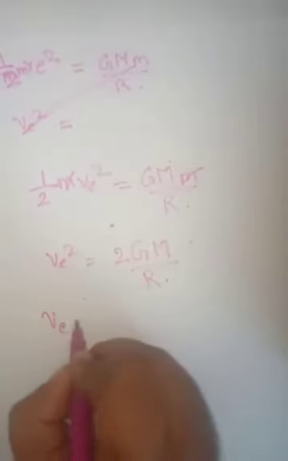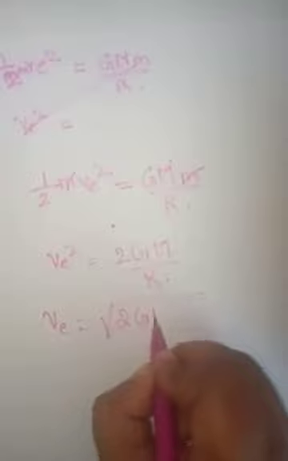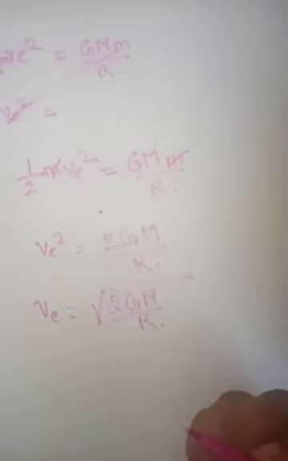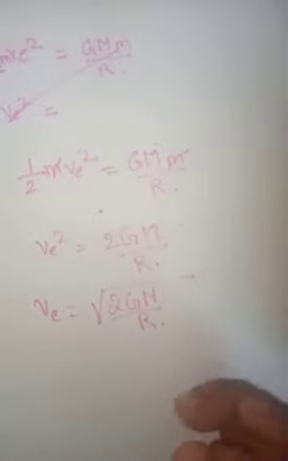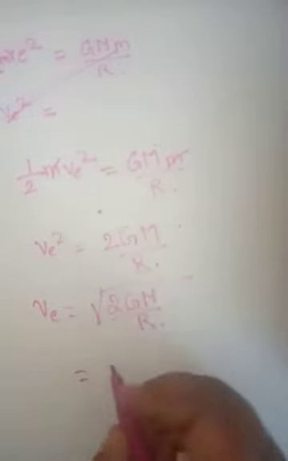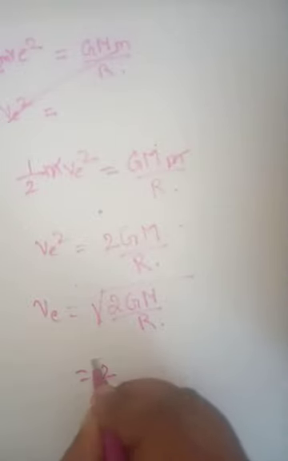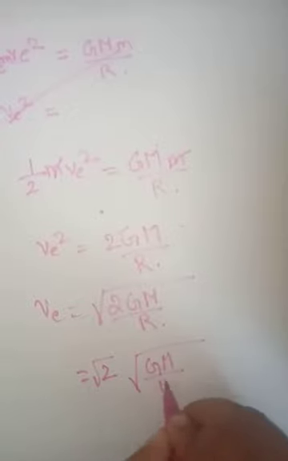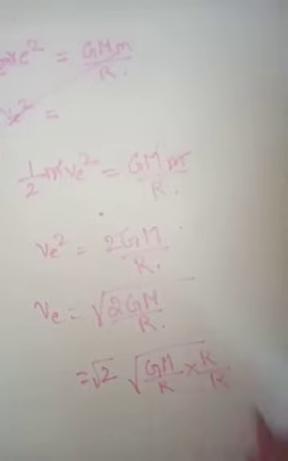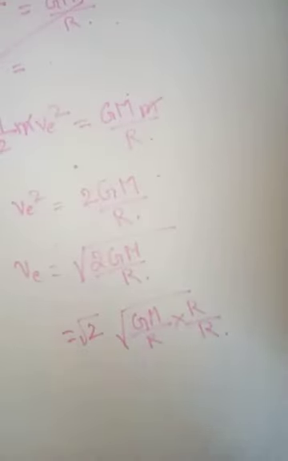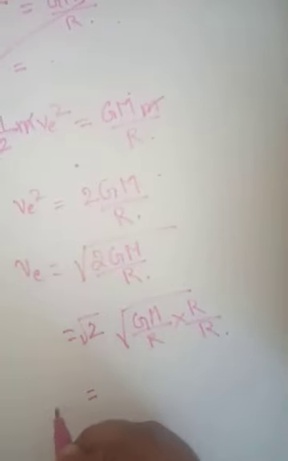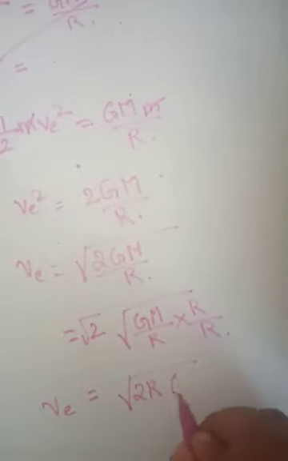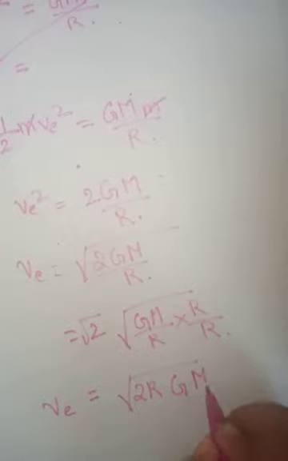V_E is equal to the square root of 2GM by r. If we multiply the numerator and denominator inside the root by r, it becomes the square root of GM upon r into capital R upon r, which is equivalent to V_E equal to the square root of 2 r G M by r squared.